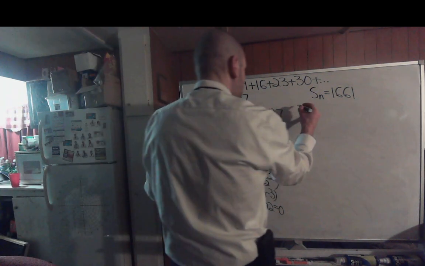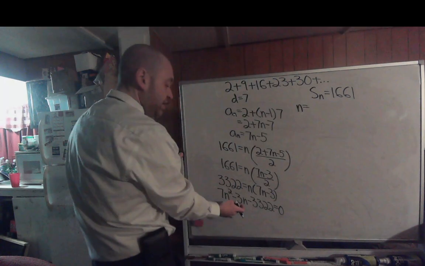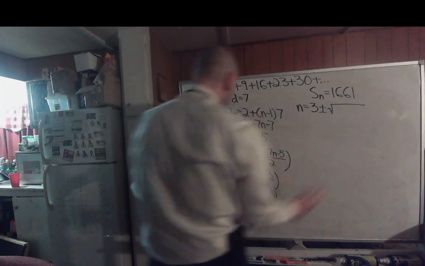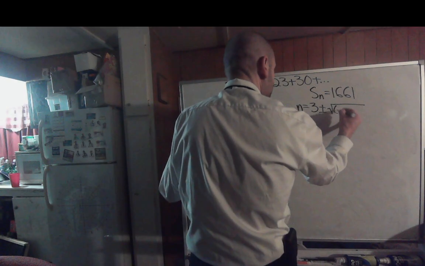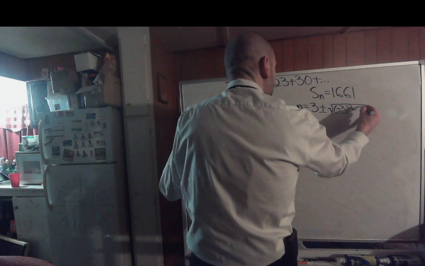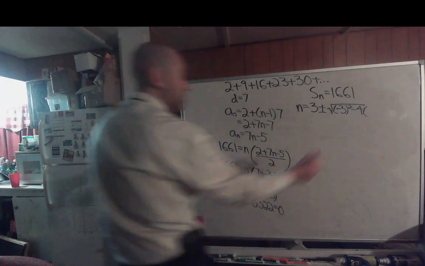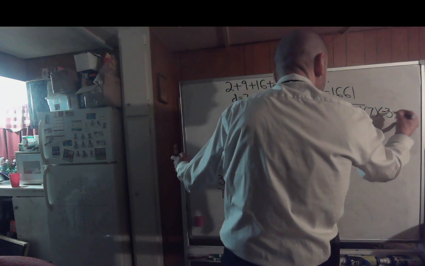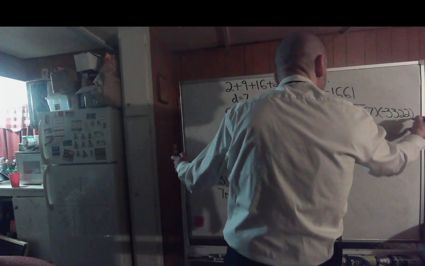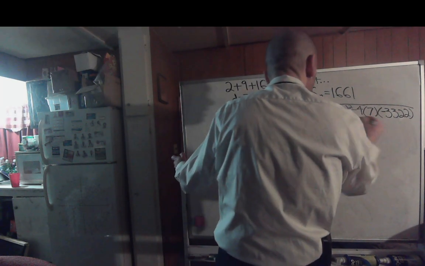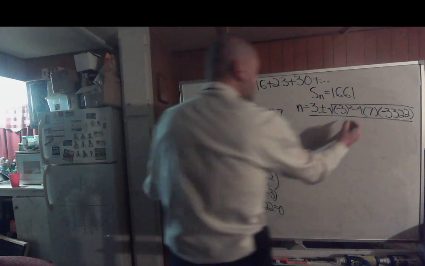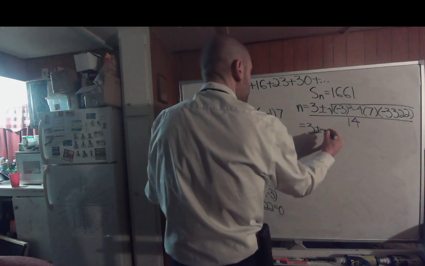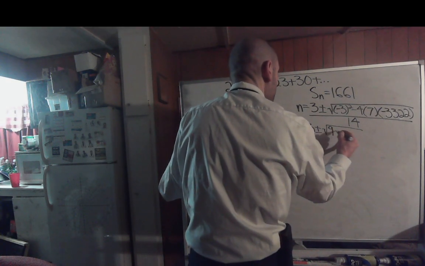So n would equal the negative of b, which would be negative 3, so positive 3 plus and minus the square root of your b squared, that negative 3 squared, minus 4 times your a of 7 times your c of negative 3,322, all over 2 times your a of 7, that'd be all over 14. So you'll get 3 plus and minus the square root of 9.